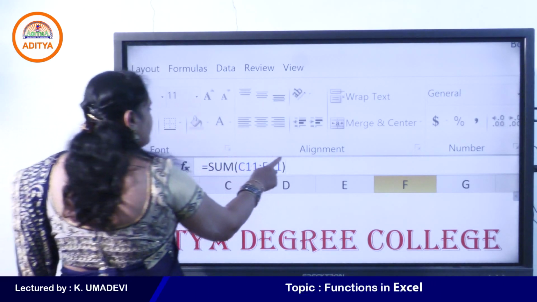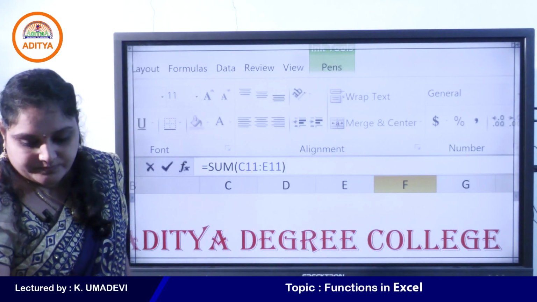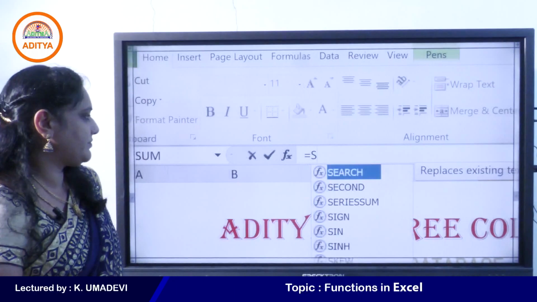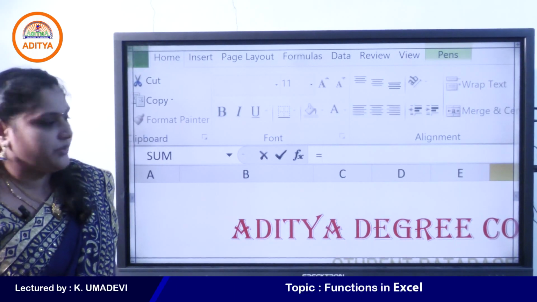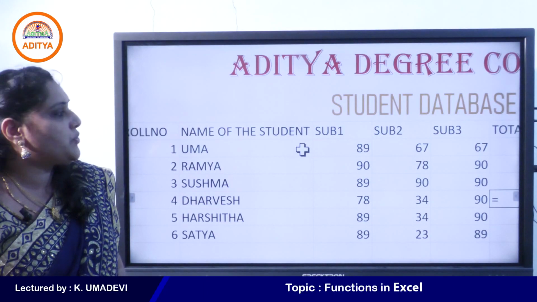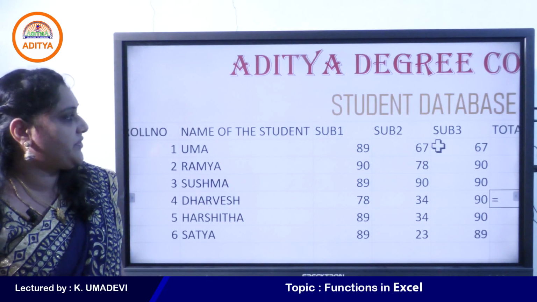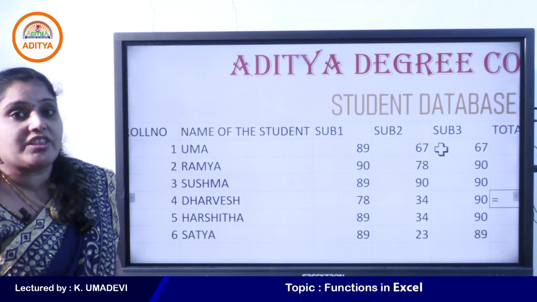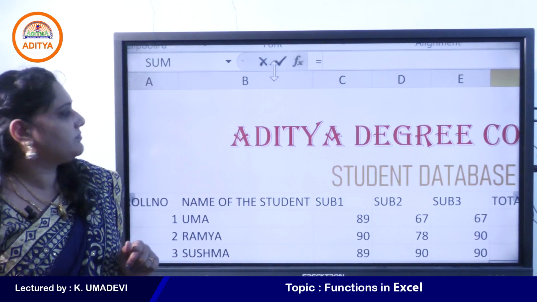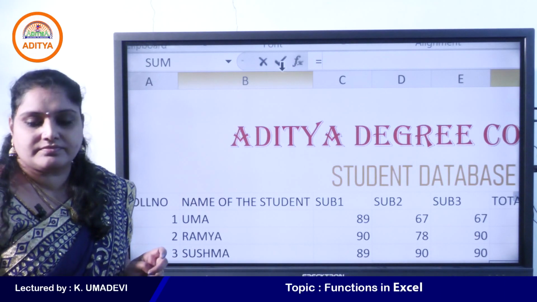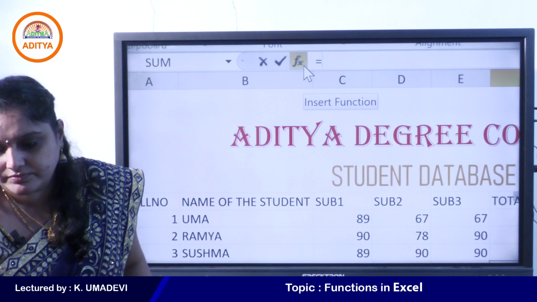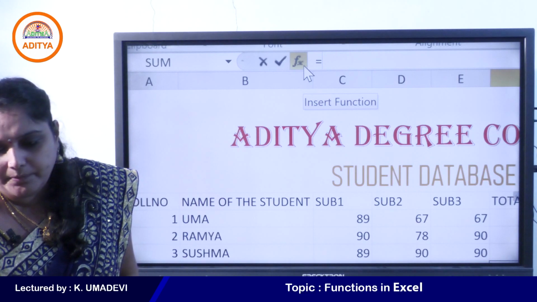So without using the sum function, how can we add all the cell values, students? Come on. Here I need to add the subject 1 value, subject 2 value and subject 3 value without using the sum function. How can we do that, students? Come on, respond. So which screen?